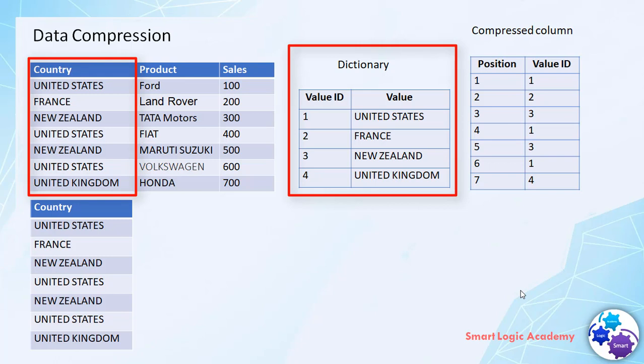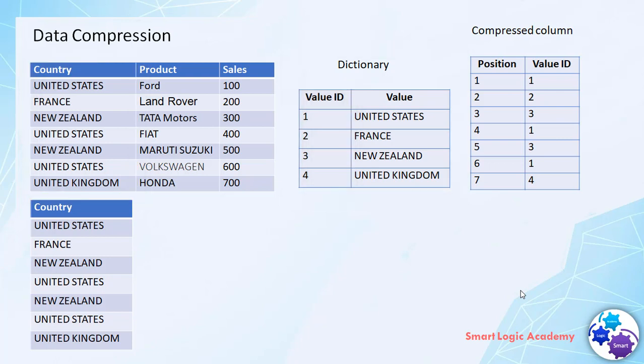When we save this data into the database, in place of saving all these actual values like United States, France and New Zealand, we will save the value ID corresponding to those values in the database. So you can see here United States gets replaced by value ID 1, since in the dictionary the United States value ID is 1.